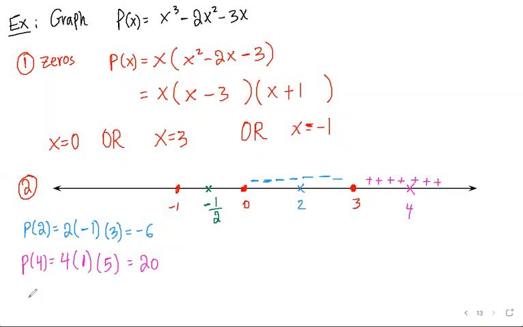Plug it inside this one. p of minus 1 half is minus 1 half, and minus 1 half minus 3 is minus 3 and a half, and here minus 1 half plus 1 is plus 1 half. Minus times minus is positive, times positive is positive. So this would be negative. So here we have negative.